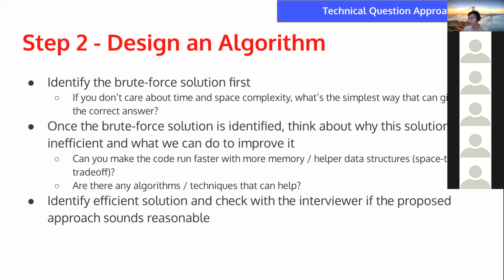And then from there, you can start optimizing the different data structures or different ways in which your code is run to reduce the runtime and the space complexity. So that's why you want to start off with a brute force solution. And once you can identify that, then you think about these improvements. And you want to share this thought process with the interviewer so that you can be on the same page about it and agree on the proposed solution.